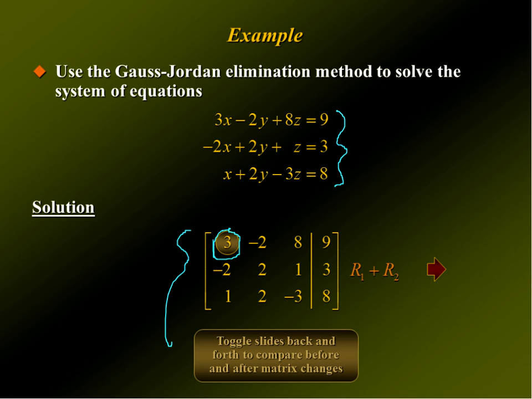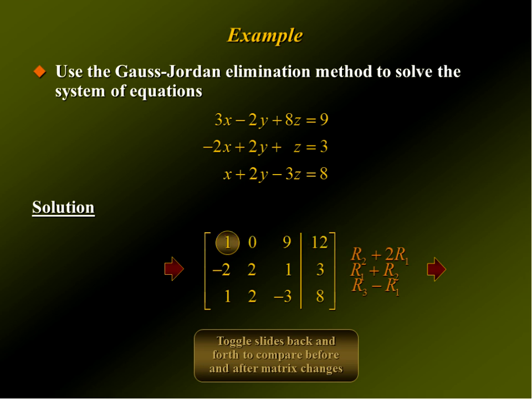So we make some operation. If I add row 1 and row 2, then we get 1 and make it row 1. Adding row 1 and row 2, we get 1 over here.